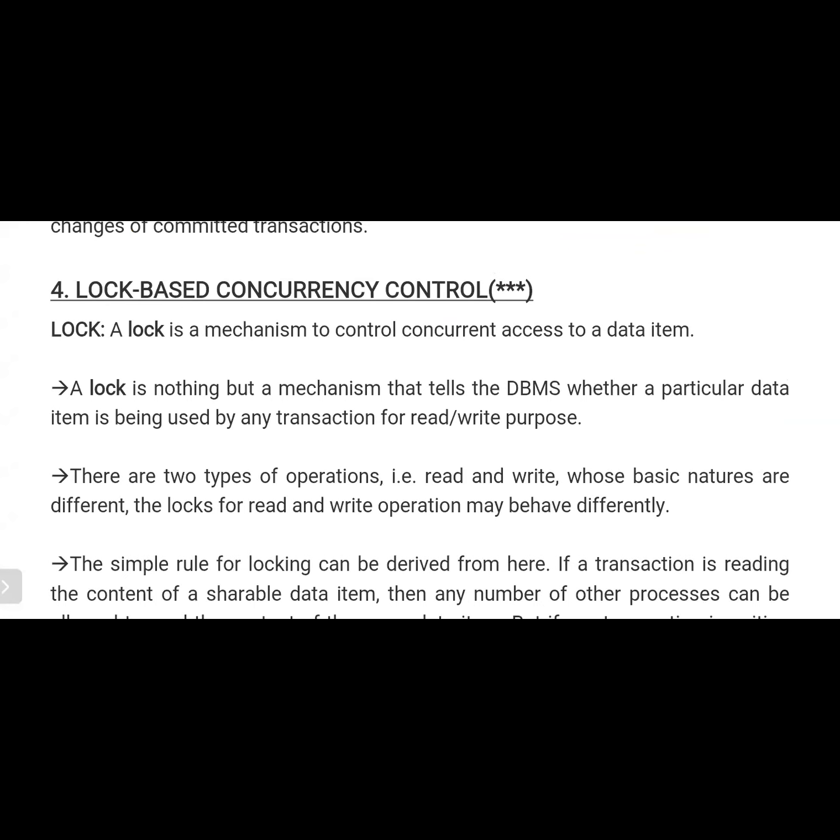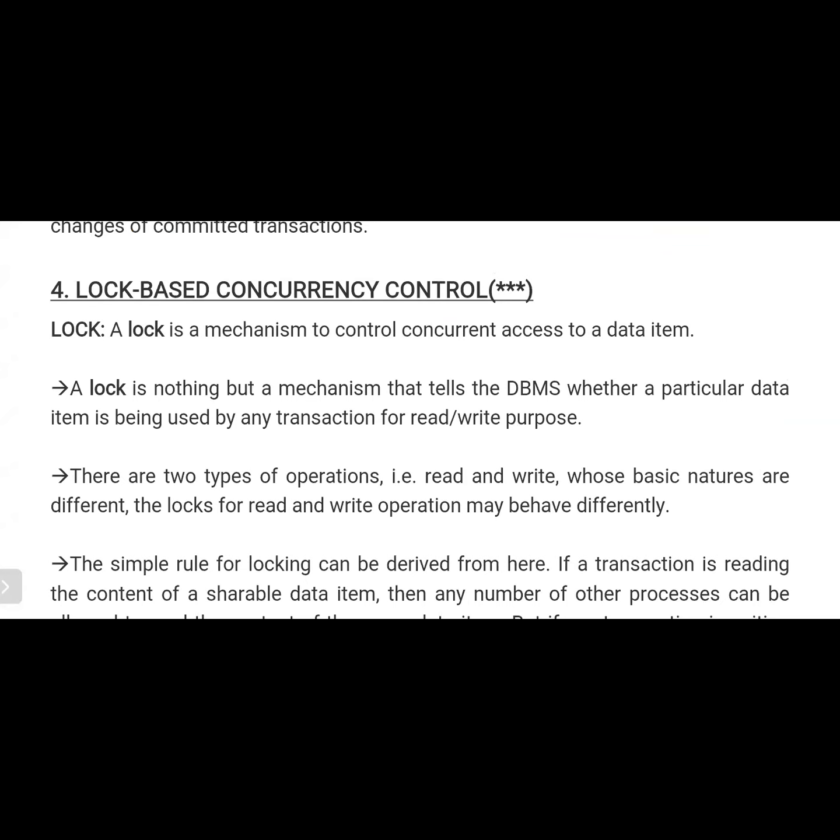So we try to reduce these types of occurrences by using a lock. That is referred to as lock-based concurrency control. When we allow more than one transaction at a time to perform operations on the same data items, then we use locks, so that concurrent executions are possible.